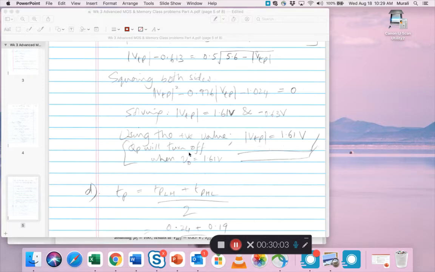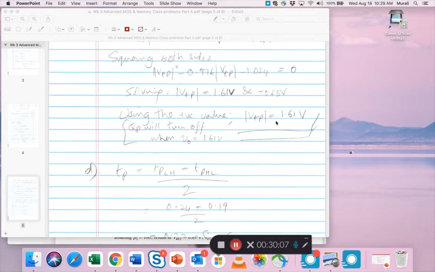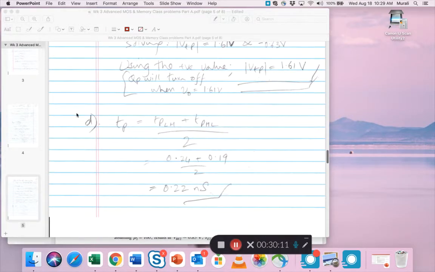So QP will turn off, the PMOS switch will turn off when V output equals this VTP, which is 1.61 volts. Okay. Last point is, what is TP, the total transmission propagation delay, that is 0.22 nanoseconds.